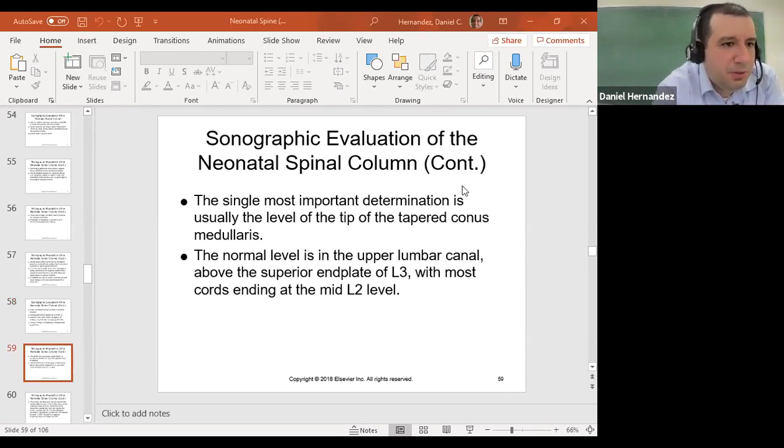So the single most important determination is usually the level of the tip of the tapered conus medullaris. The normal level of the conus is above the superior end plate of L3, with most cords ending in the mid L2 level. So it's got to be above that superior border of L3.